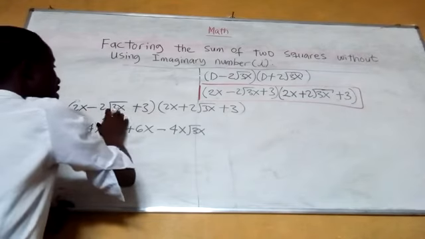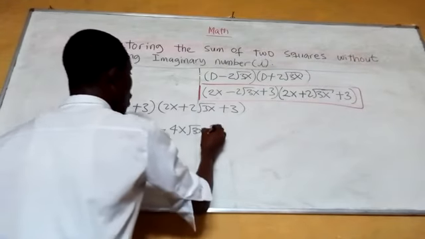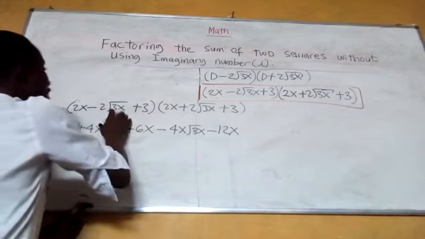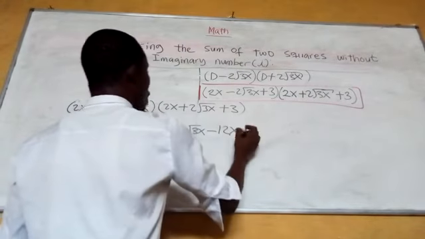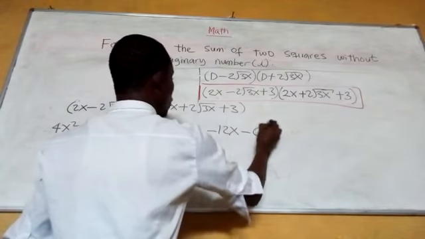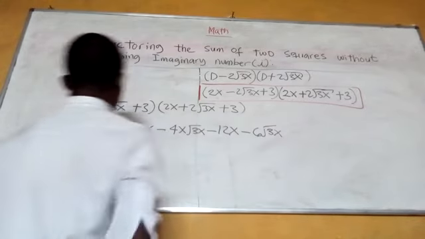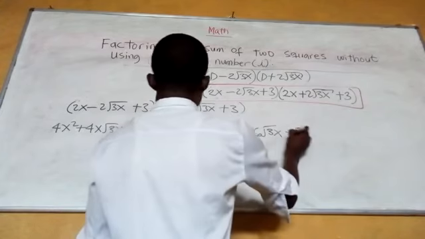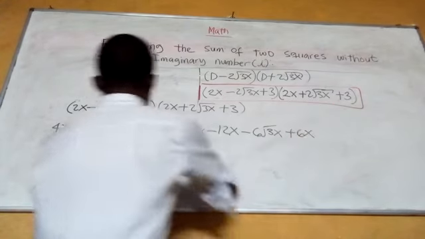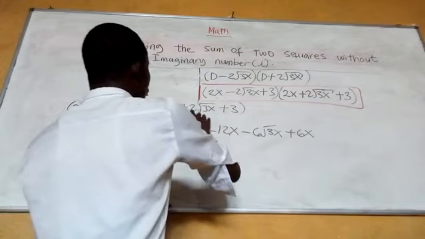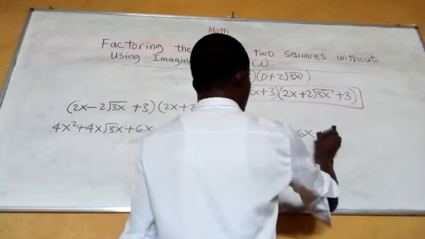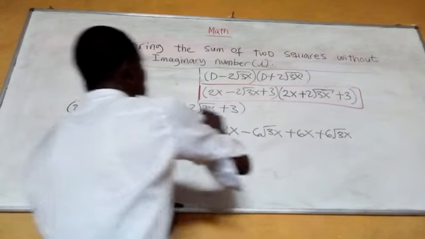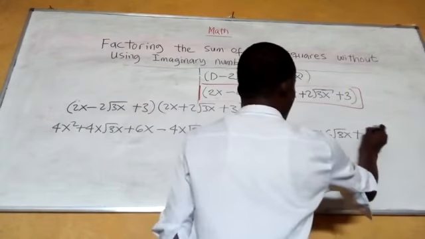Minus 2 root 3x times positive 2 root 3x, they are minus 12x. Minus 2 root 3x times positive 3, they are minus 6 root 3x. Moving last, 3 times positive 2x, they are plus 6x. Positive 3 times positive 2 root 3x, they are positive 6 root 3x. Positive 3 times positive 3, they are positive 9.